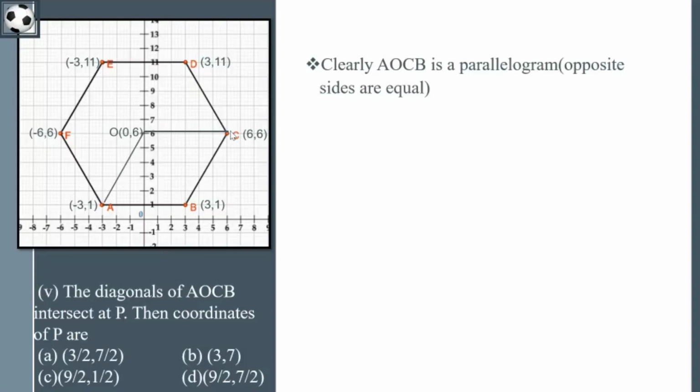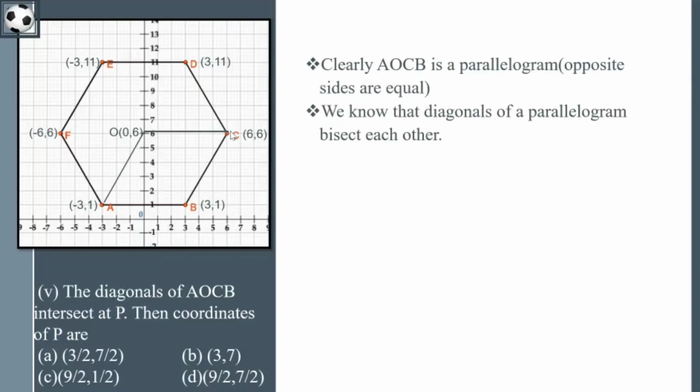And what is the point of intersection of the diagonals of the parallelogram? I know that for a parallelogram, the diagonals bisect each other. The point of intersection of the diagonals will be given by the midpoint of AC or OB. And I can say that the midpoint of AC or OB will be the point P. So let us find that out.